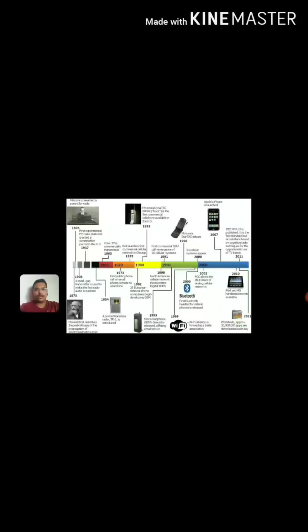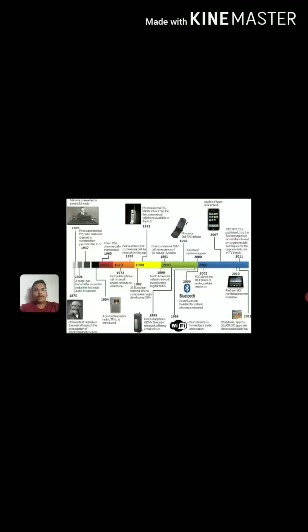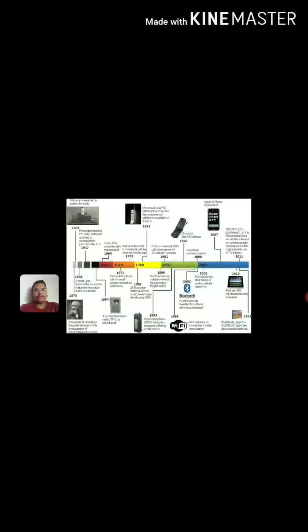First telephone was invented in 1873. First TV was invented in 1963. First Bluetooth was invented in 2000. First smartphone was invented in 2007, and so on. We can refer to the above chart.